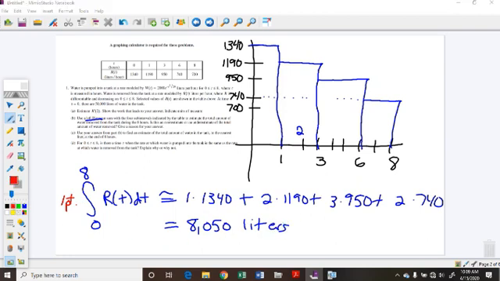And so that's 1 point. And then you earn the third point by explaining why it's an overestimate or underestimate. All you have to do to be able to do that is just connect the dots here.